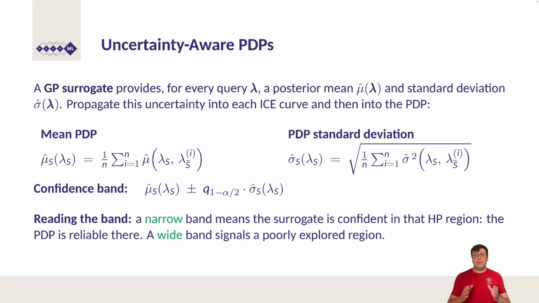Around the mean, we place a credible band at the desired quantile. The band is directly interpretable as a reliability indicator. Where it is narrow, the surrogate is confident and the PDP is trustworthy. Where it is wide, the region is underexplored and the estimate should be discounted. This converts a potentially misleading point estimate into an honest, uncertainty-annotated one.